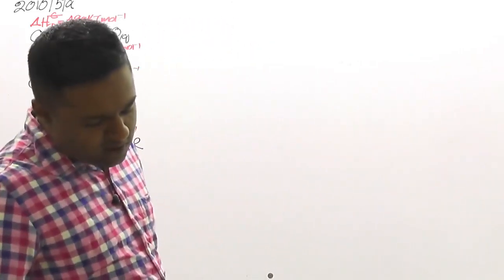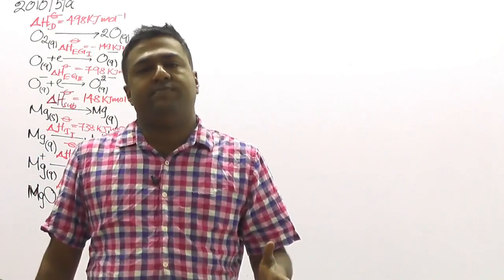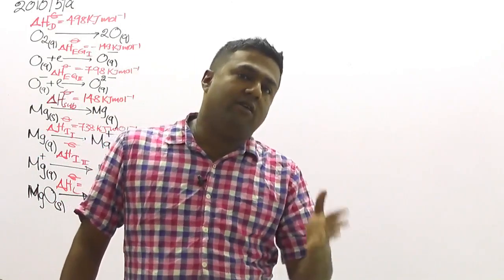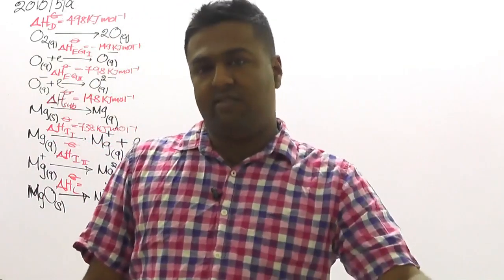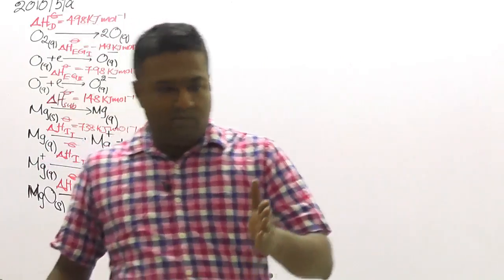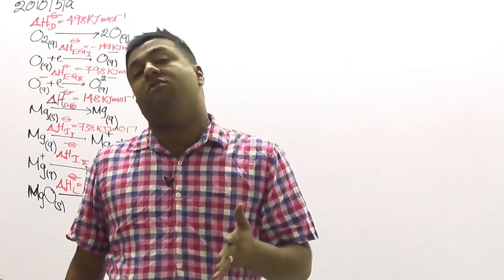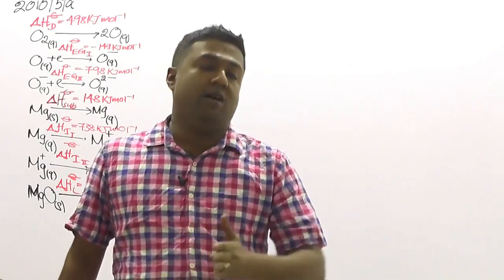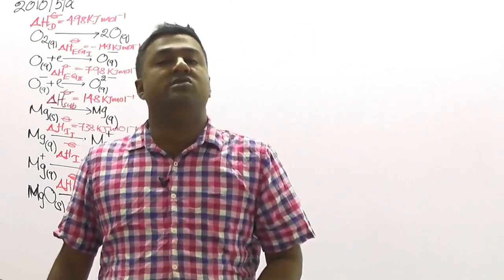In the old syllabus, the definition for the lattice enthalpy is reversed. In the old syllabus you have a negative value for lattice enthalpy, but in the new syllabus the definition is reversed.